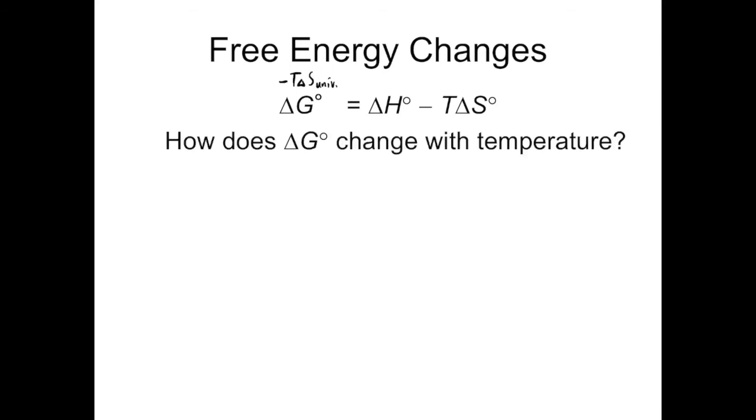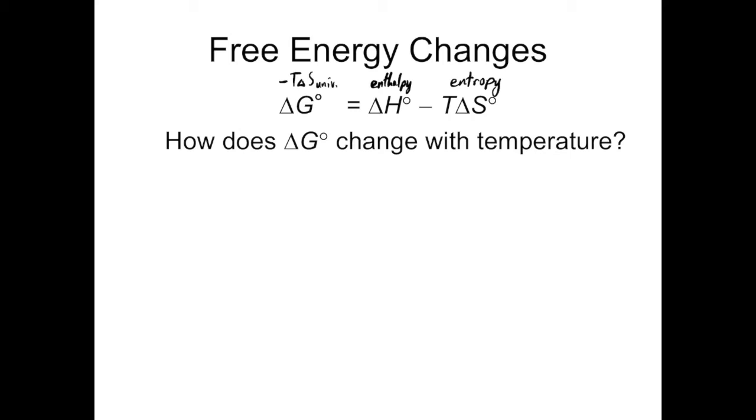And we can look at how this expression is related to the temperature term. So there are two general components to the Gibbs free energy. We have an enthalpy term and we have an entropy term. And if we change the temperature, we're really changing the magnitude of that entropy term.